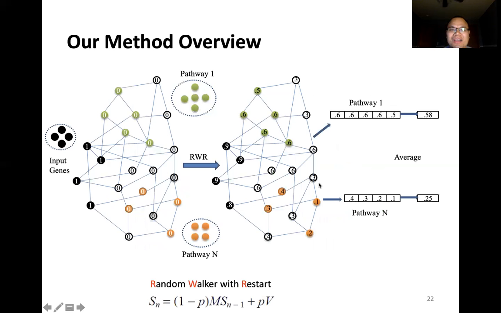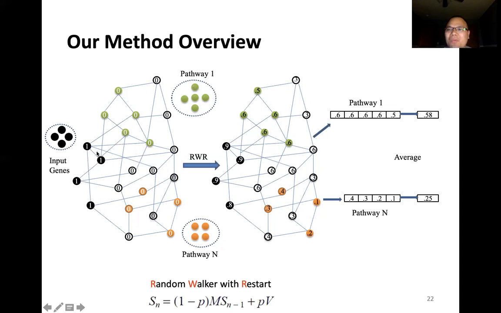To do that, we resort to networks. In the middle, there's a network, and each node represents one gene. At the first step, we map the input genes to the network. At the same time, we map the genes in the different kinds of pathways to the network.